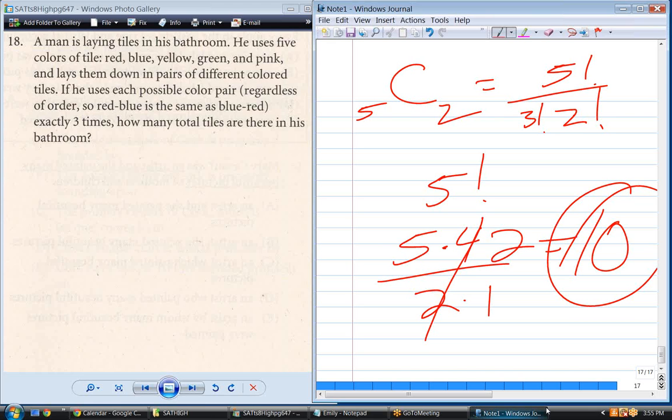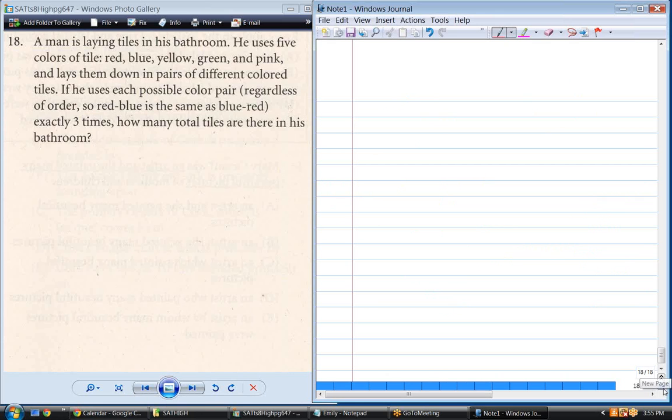How many tiles are there in his bathroom? 30. 60. There's red, blue. There's red, yellow. If you don't know how to do combinations, there's not so many that we can't count them out.